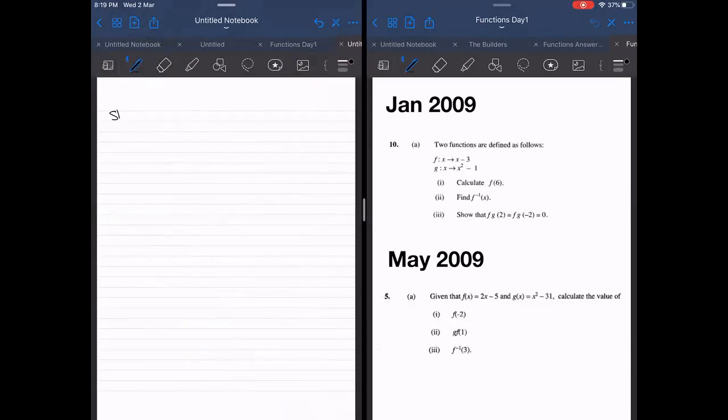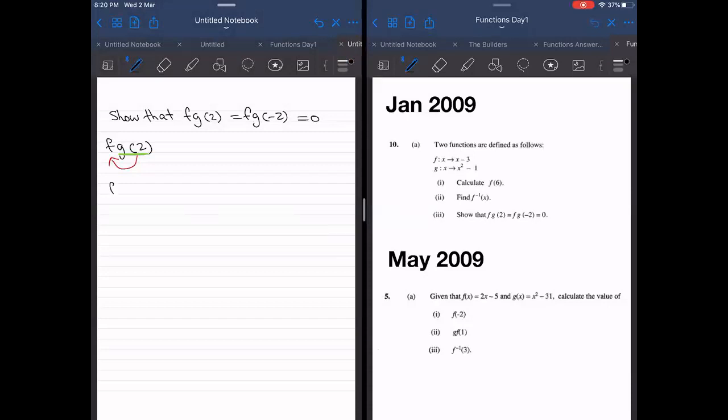All right, so this one now says show that f of g of 2 is equal to f of g of minus 2, which is equal to 0. Let's first find f of g of 2. Whatever is on the right, we are going to plug into the left.